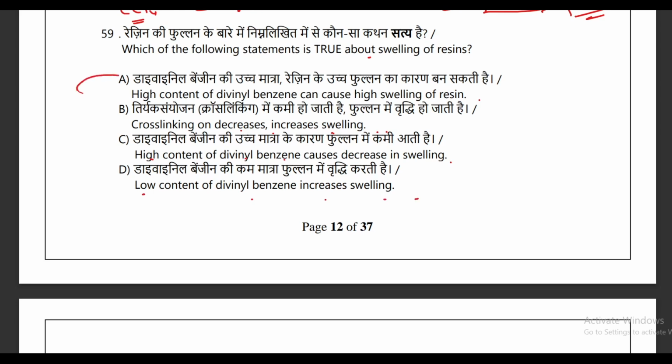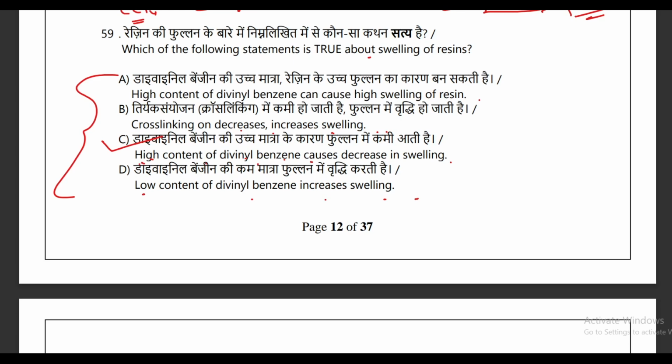Out of these four options, your correct answer is C option. According to the answer key they are providing, maybe A is the correct answer, but that answer is incorrect. The correct answer of this question is C, which is high content of divinyl benzene causes decrease in swelling.